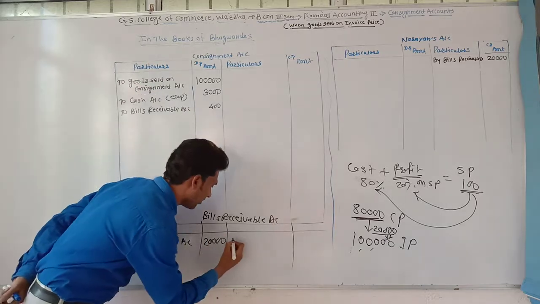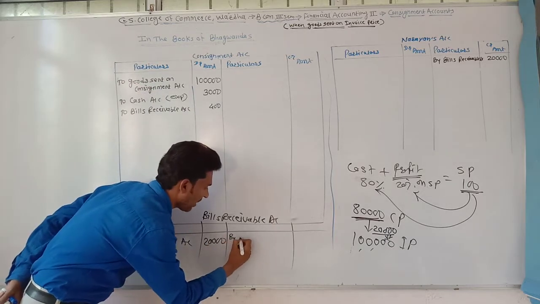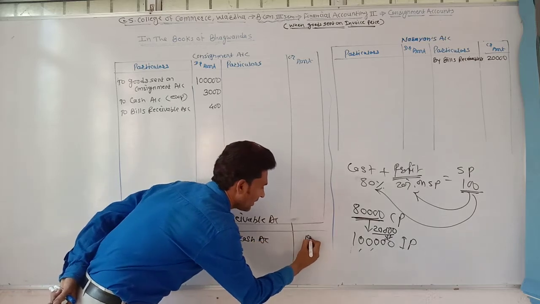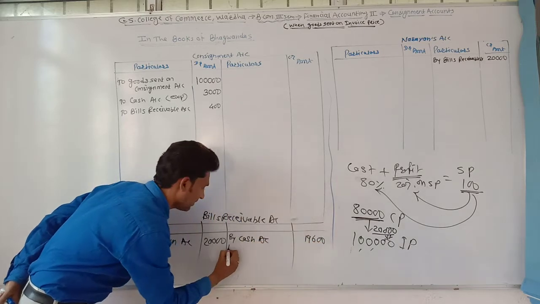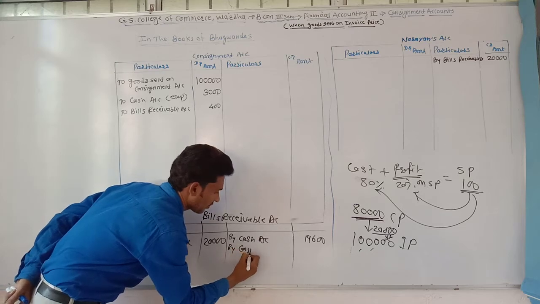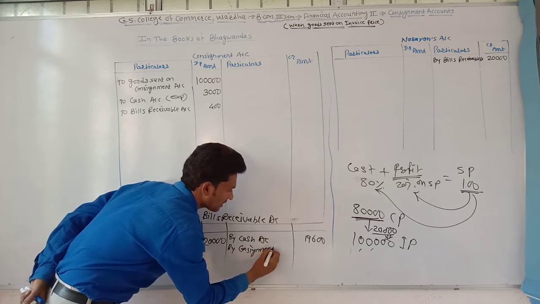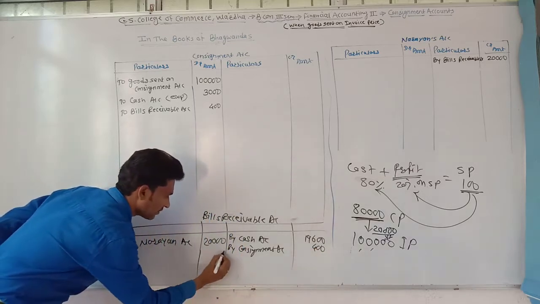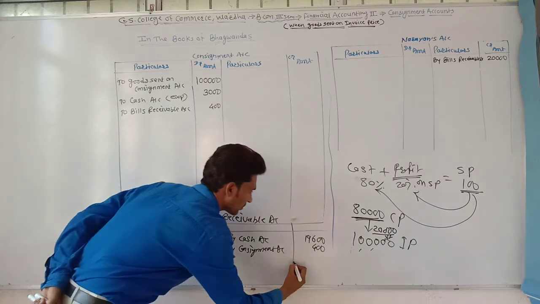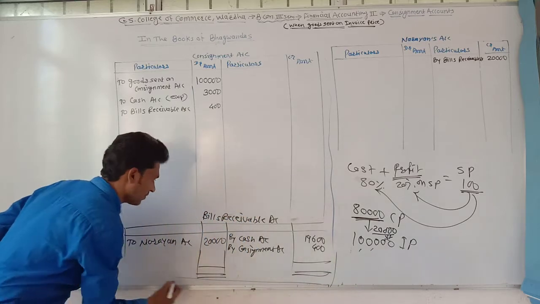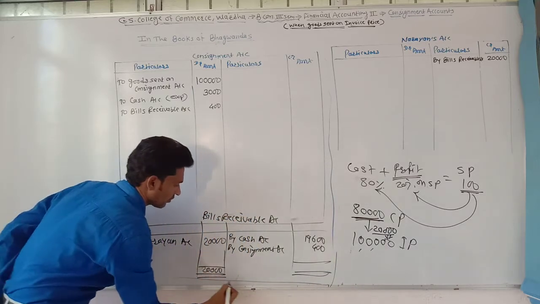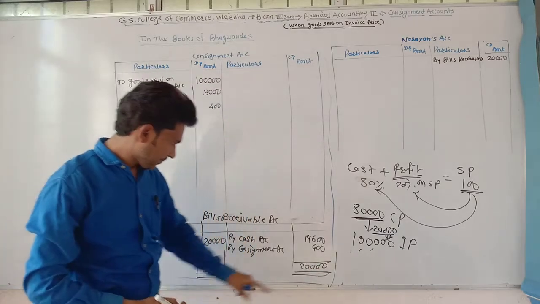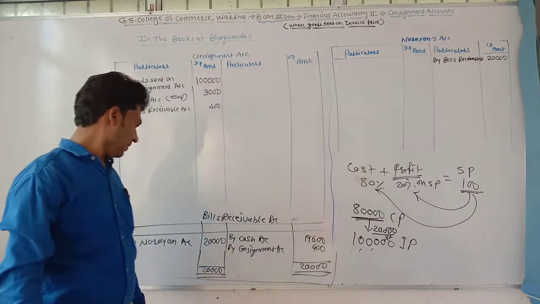Write at the credit side of bills receivable account: by cash account 19,600, and by consignment account rupees 400. This account is closed. Over, the bill is discounted.